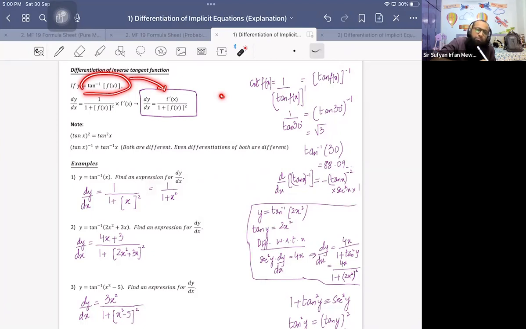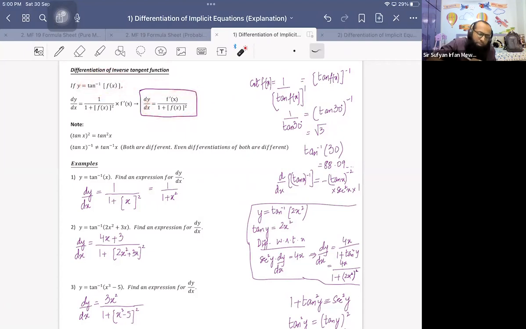Even if at times we forget this formula, at least the connection between the inverse tangent function and implicit equations will help us derive this while sitting in the exam. So even if we forget the formula, we can remember the concept and differentiate the function right there during the exam, inshallah.